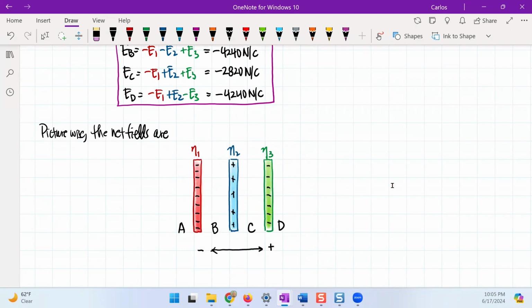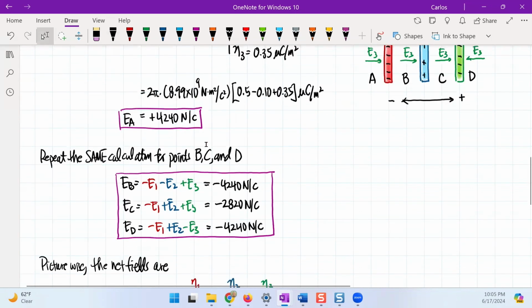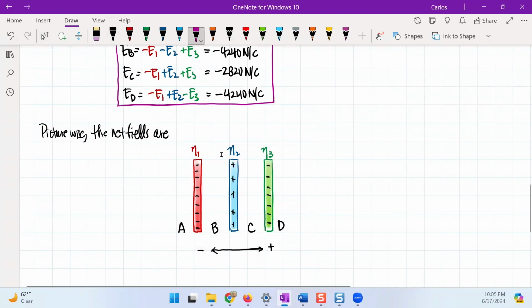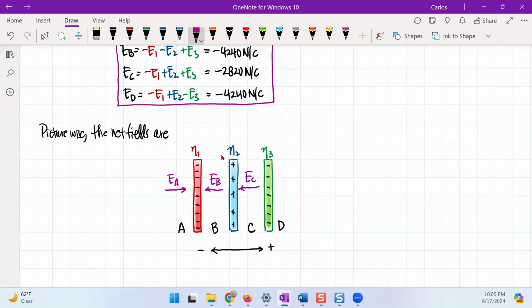If I look at 1, you could see that 1 is in the positive direction. So I'm going to have EA going in the positive direction. EB is going to go in the negative direction. EC is going to go in the negative direction. And then finally, ED is going in the negative direction too.